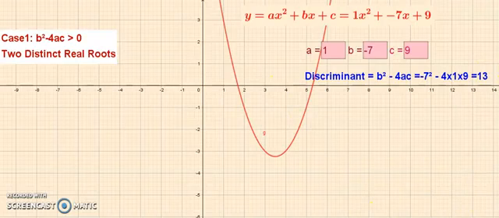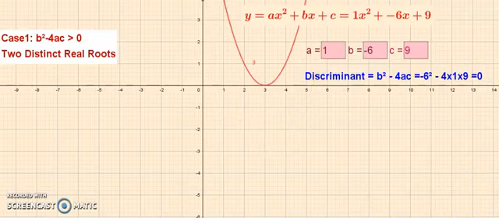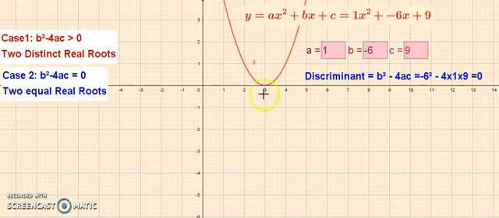When the discriminant is 0, you can observe that it is touching at only one point, and those 2 roots which are supposed to be there for a quadratic equation are equal.